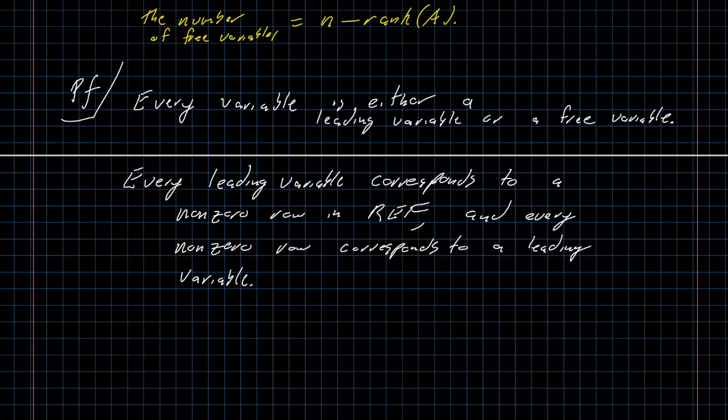It's the first non-zero entry. Any row that is all zeros does not have a non-zero entry and so does not have a leading entry. So every non-zero row has a leading entry. Every leading entry is a leading variable. Every leading variable comes from a leading entry, which is coming from a non-zero row.